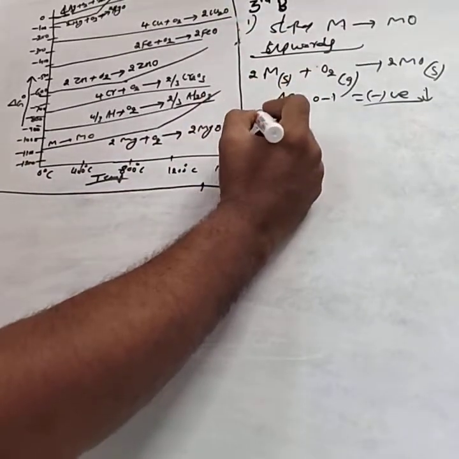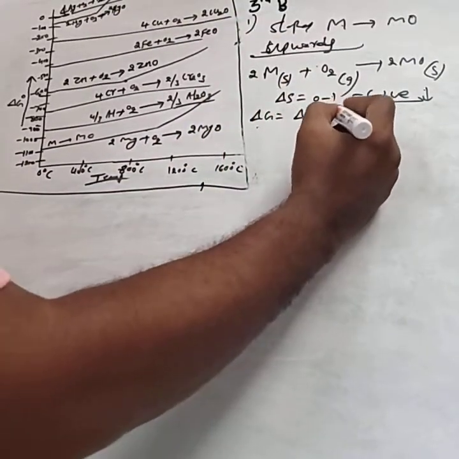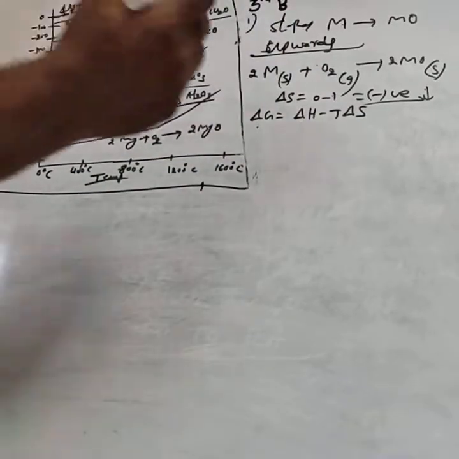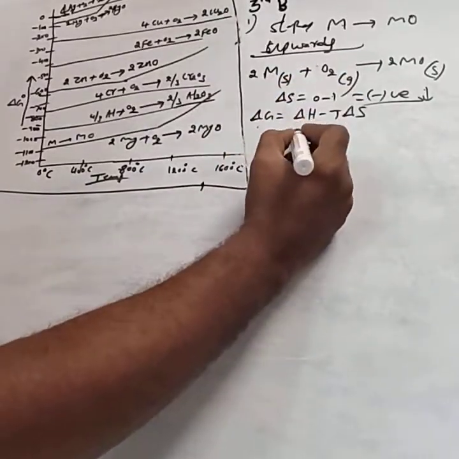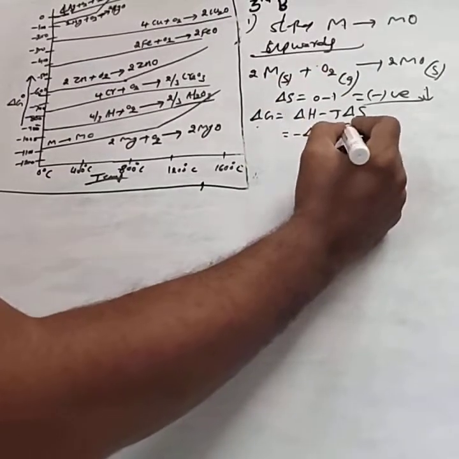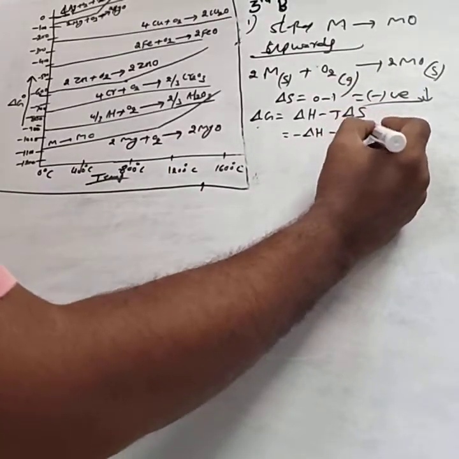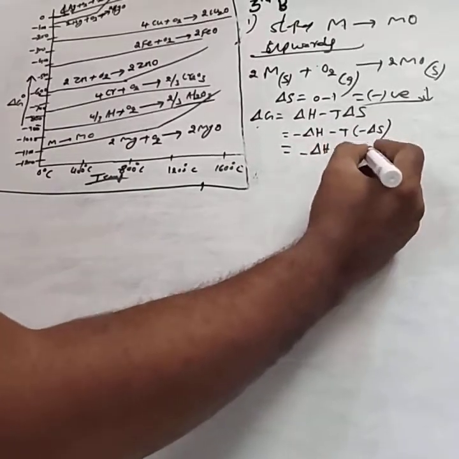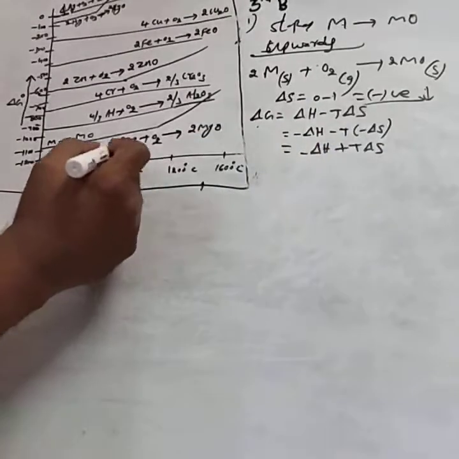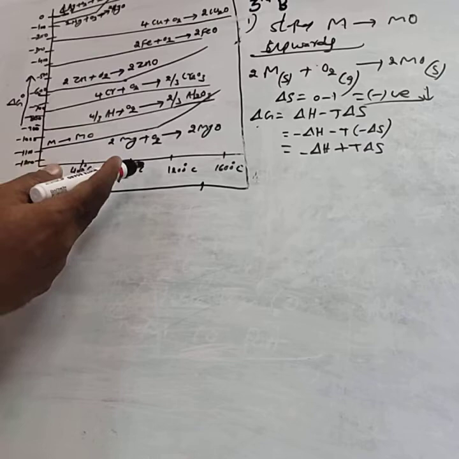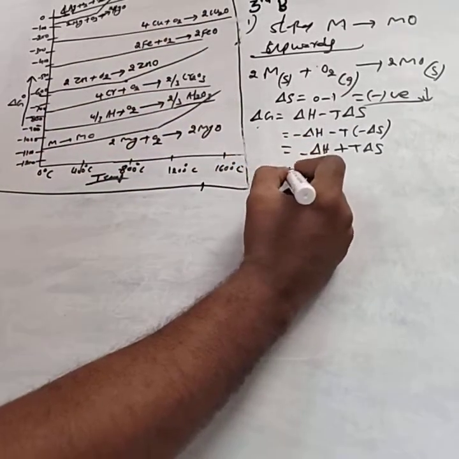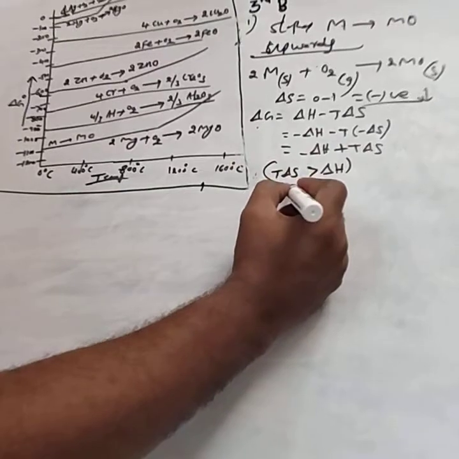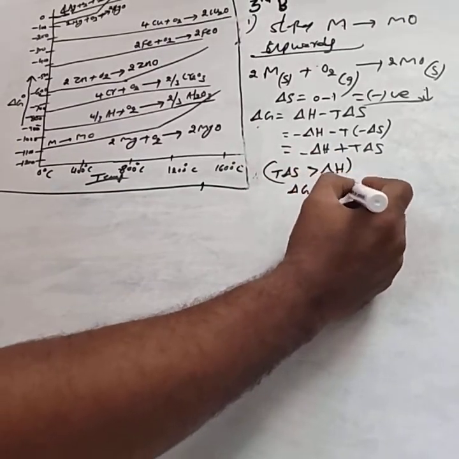By using the Gibbs equation, delta G equals delta H minus T delta S, we substitute the values of delta H and T delta S. This is a combustion reaction, hence delta H is negative, and delta S is also negative, so minus T delta S becomes plus T delta S. At high temperature, because pyro means temperature, the T delta S value is greater than that of delta H. If T delta S is greater than delta H, delta G becomes positive.